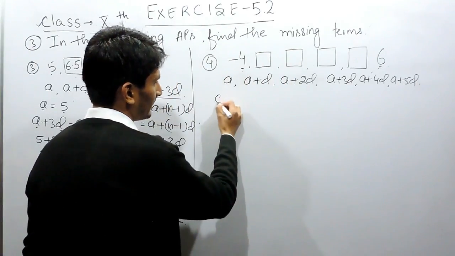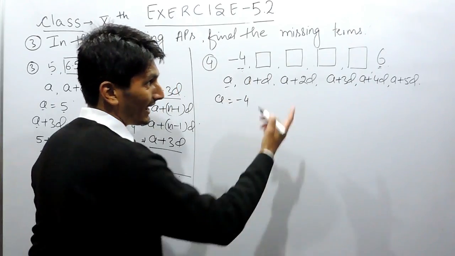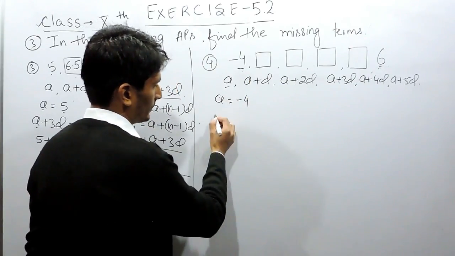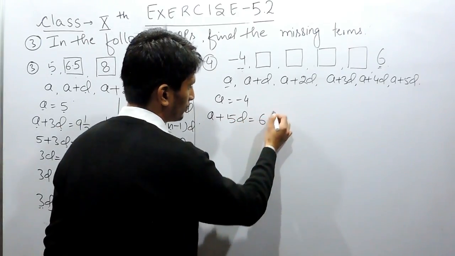In this case, A is given to us as -4, the first term, and the sixth term is A plus 5D, and that is given to us as 6.